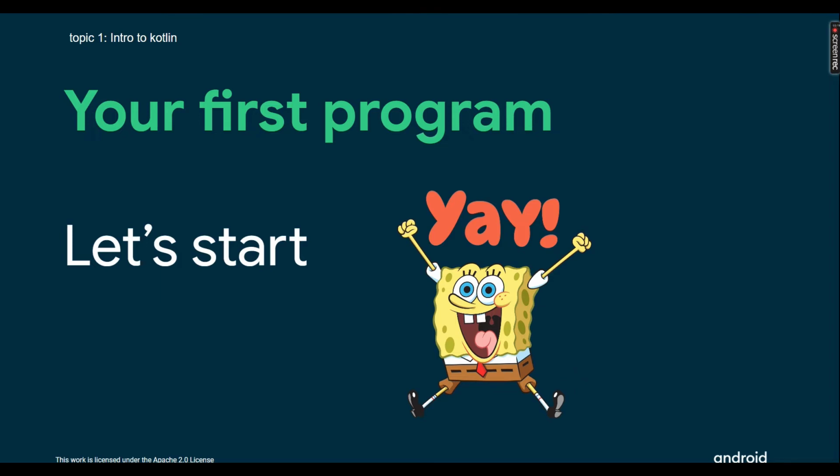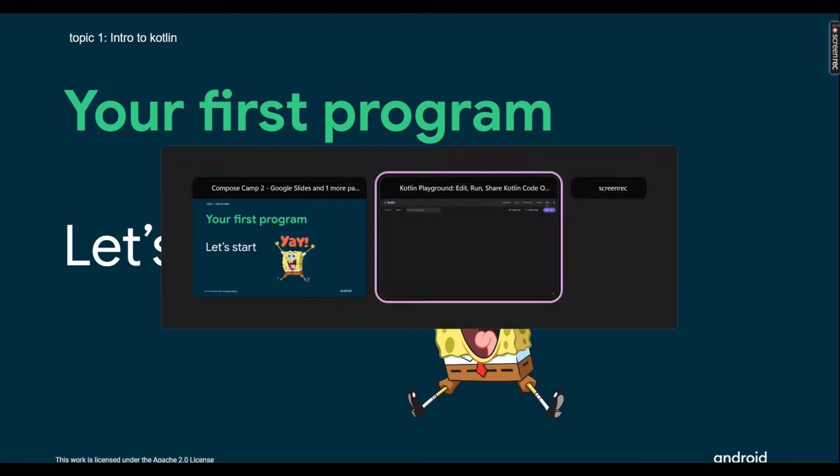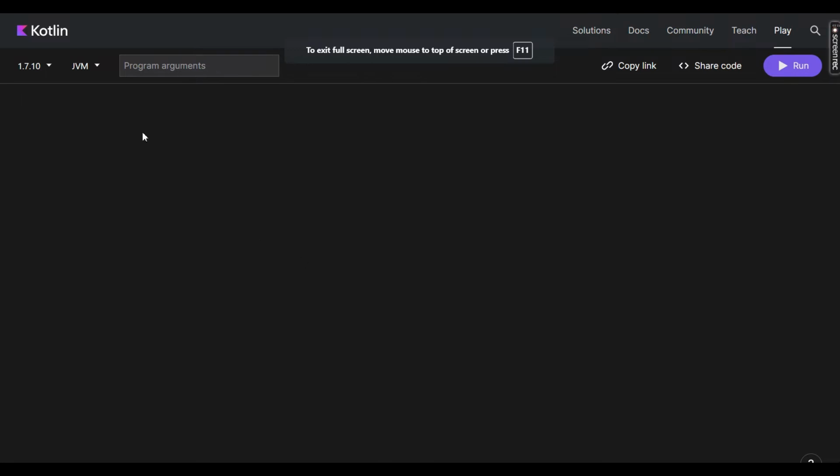So, to start programming in Kotlin, I have given the link to the Kotlin Playground in the description section. Click on that link, and you will jump to this. Okay, so now let's start with our first Kotlin program. Like C++ and Java, the execution of a Kotlin program also starts with the main function.